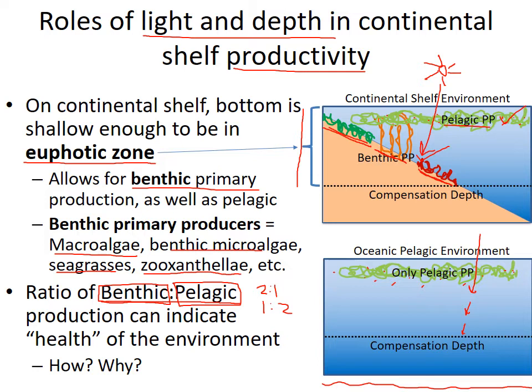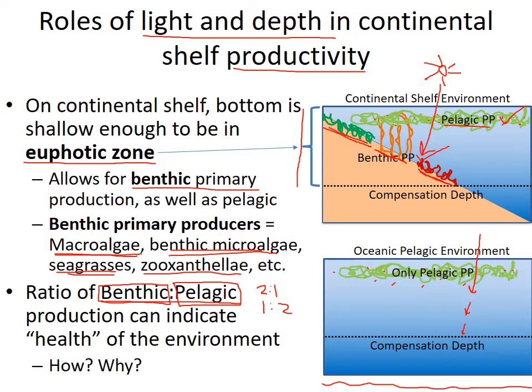See, you want the water to be relatively clear and for light to reach the bottom, because benthic primary producers, seaweeds, seagrasses, and so on, provide a lot of values other than just providing food for the food chain. They provide habitat, and they stabilize the bottom. They do all kinds of great things that are better than just providing food.